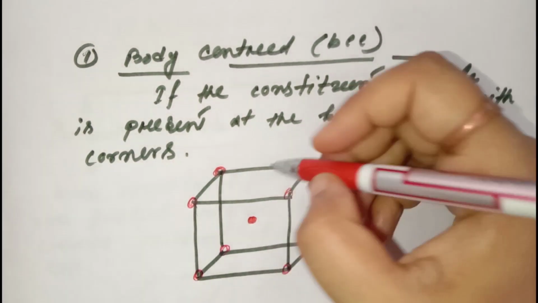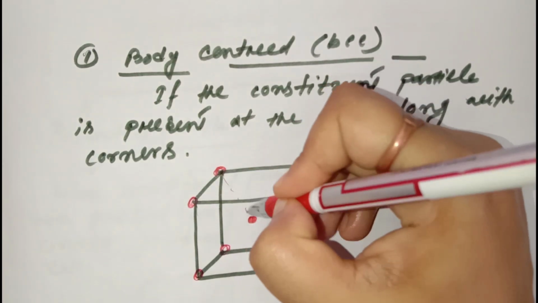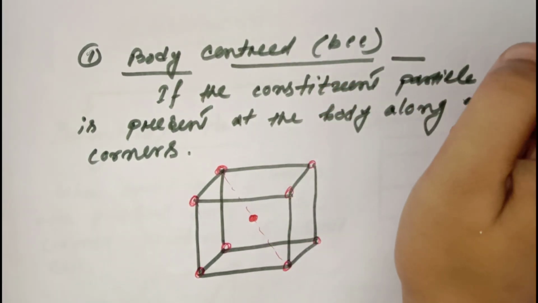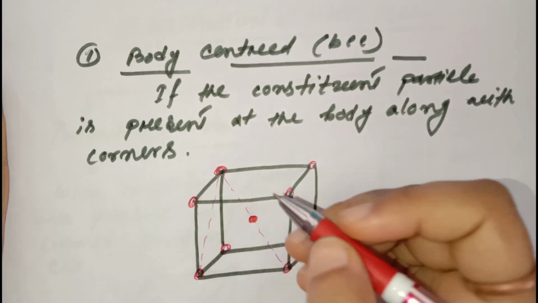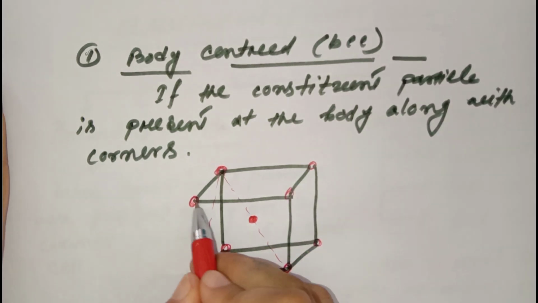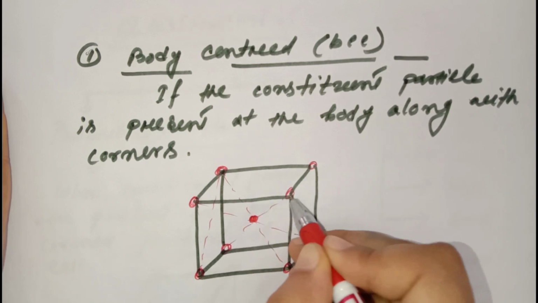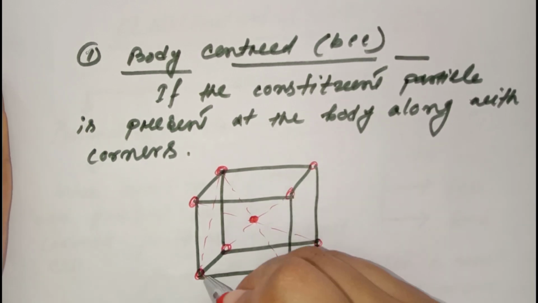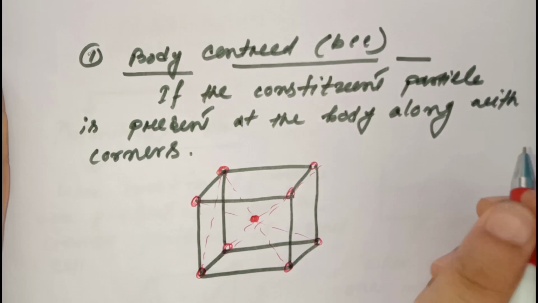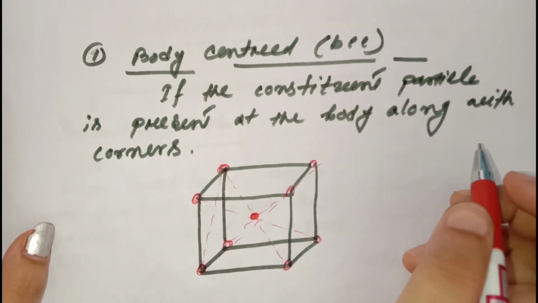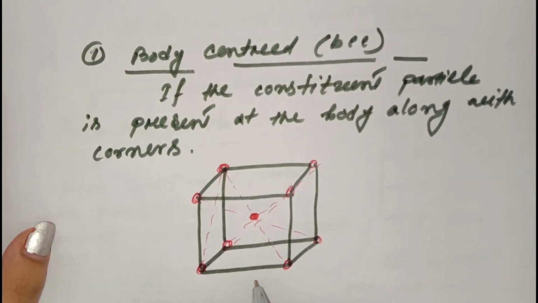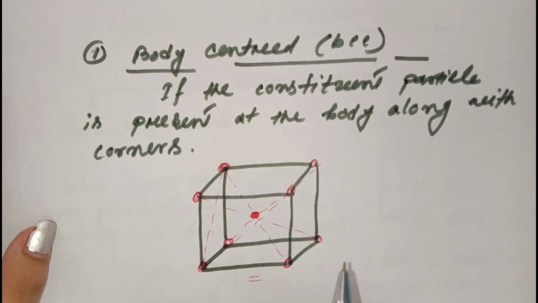Okay, we can join these points by some body diagonal. So this is the body centered or BCC unit cell.